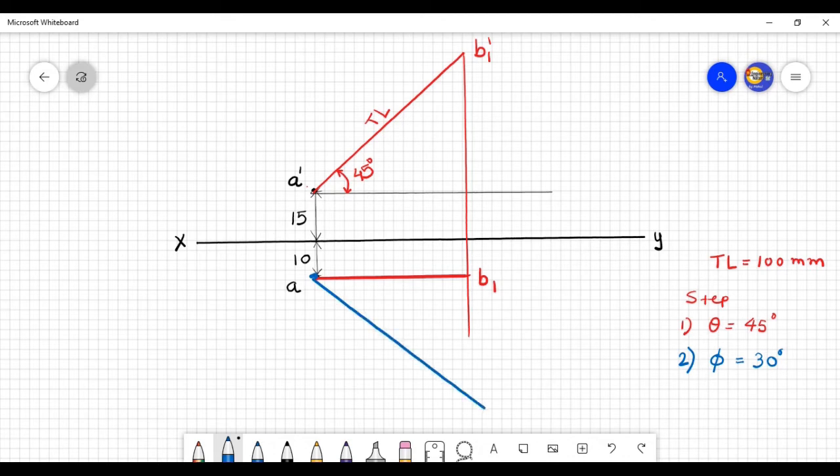At 30 degrees with the 100 mm true length, we have another top view point, B. Since it is not the final point, we consider it as B1.